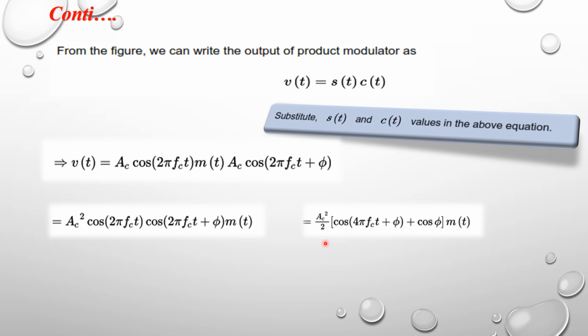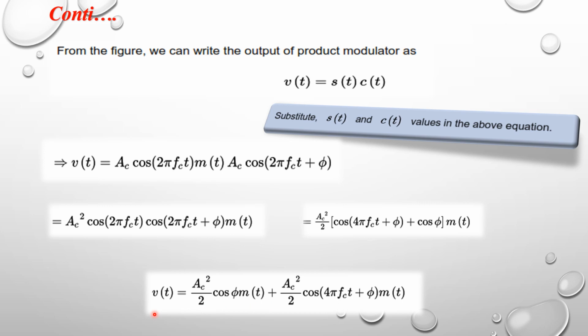So after expanding we get AC square by 2 into [cos(4 pi FCT plus psi) plus cos psi] into m(t). So V(t) is equal to, here AC square by 2 is common for the first term and second term, and m(t) is common for both terms. Just simplify the equation, we get V(t) is equal to AC square by 2 cos psi into m(t) plus AC square by 2 into cos(4 pi FCT plus psi) into m(t).